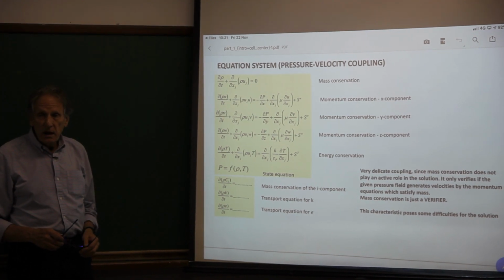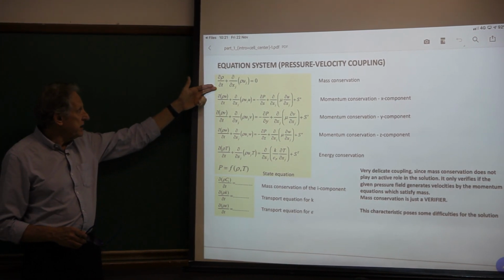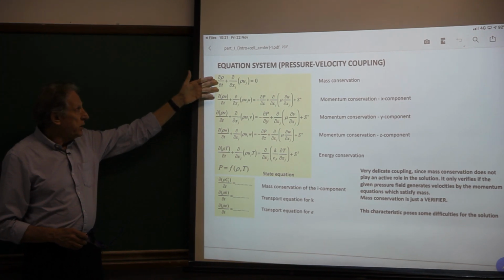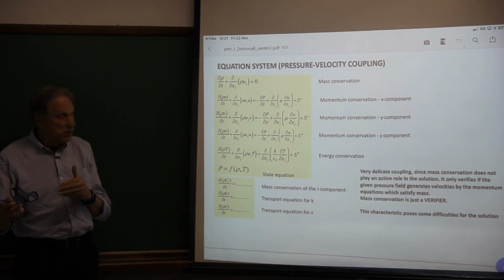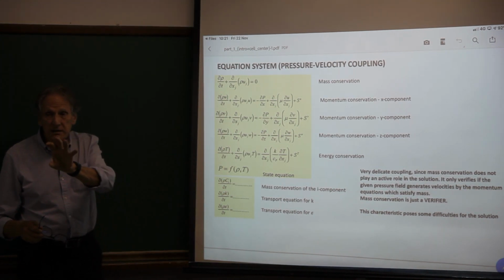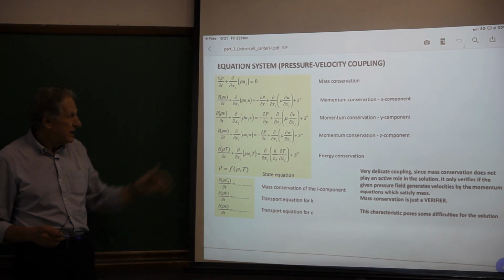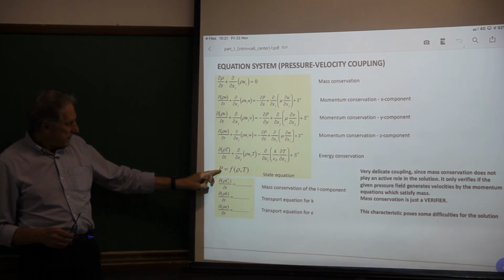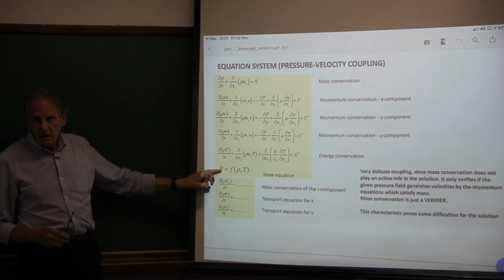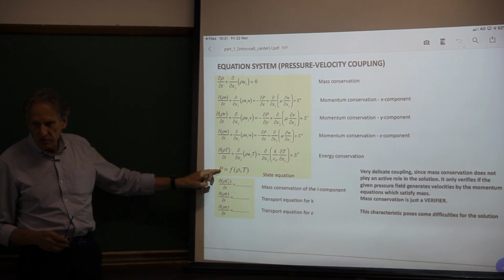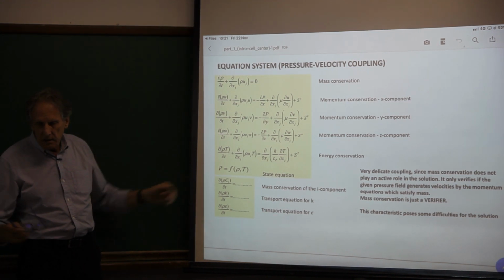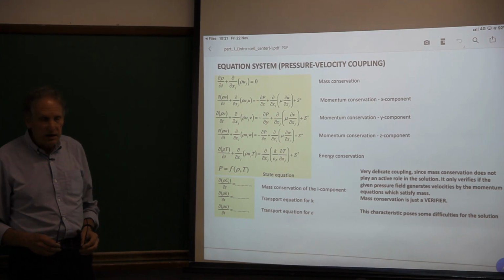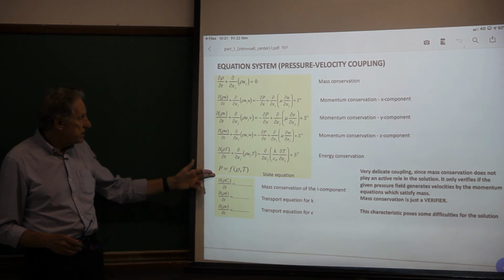You know, every equation, when you integrate it, will give one linear system to be solved. So there are several linear systems to be solved, except the state equation, which is not a partial differential equation, so it does not give us a linear system. It's an algebraic equation.